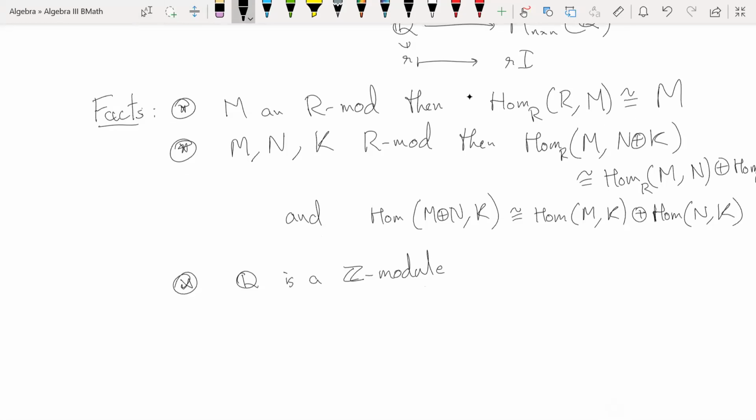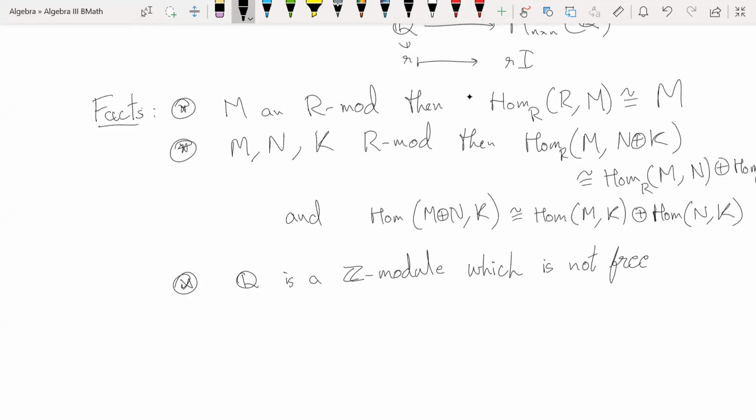So it's a reasonable module, but it's a Z-module which is not free. We'll talk about torsion-free later on. Torsion means something which is going to be killed by some element. So Q is a torsion-free Z-module, but it is not free.